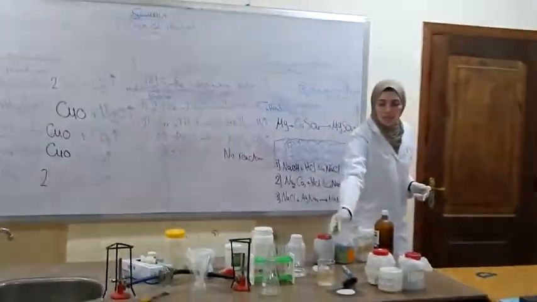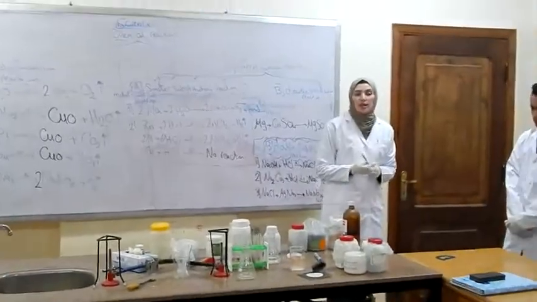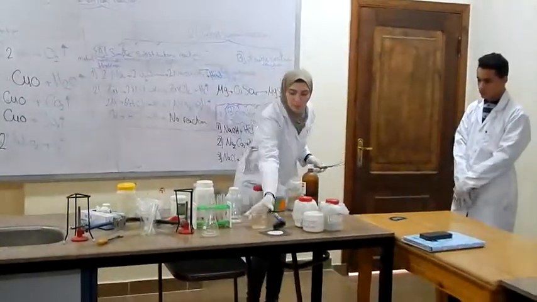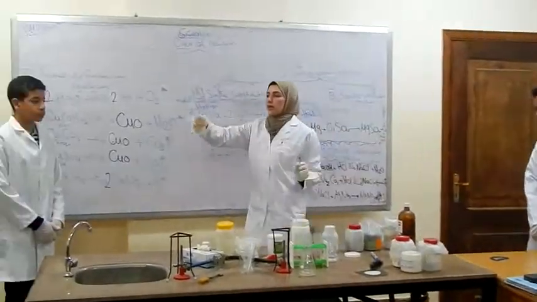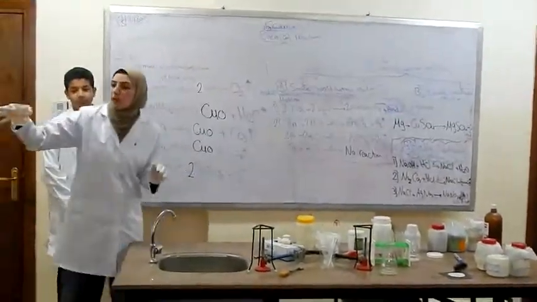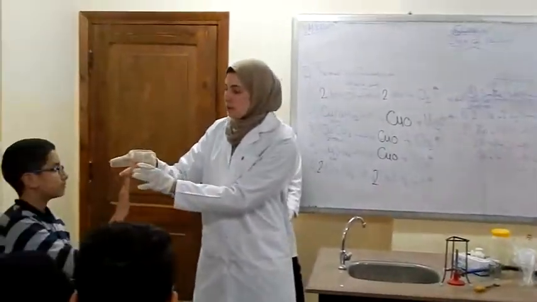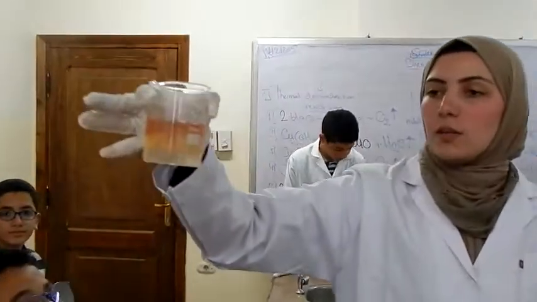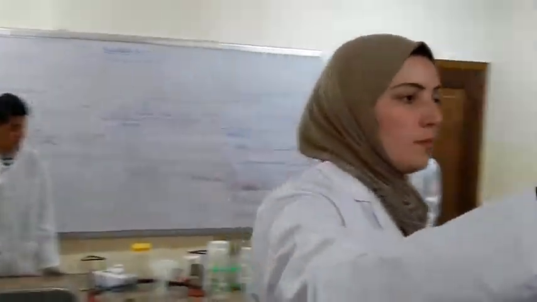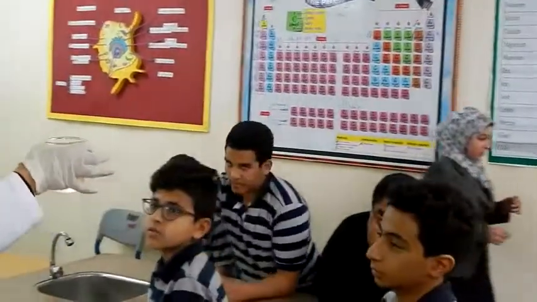This evolving gas is hydrogen gas. When you touch the beaker, you find the temperature of the beaker increases, because this reaction is accompanied by evolving heat. The solution is sodium hydroxide.